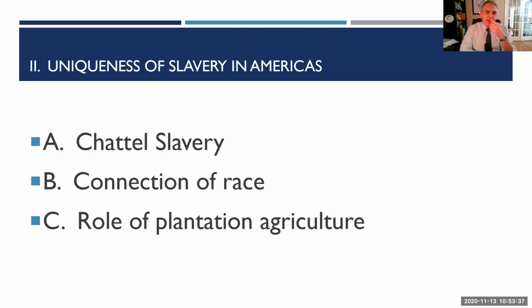Second thing we want to talk about is the idea that this form of slavery in the Americas becomes strongly associated with the concept of race. And the idea that somebody who is of African descent would be associated with the enslaved class of the Americas becomes a strong connection.